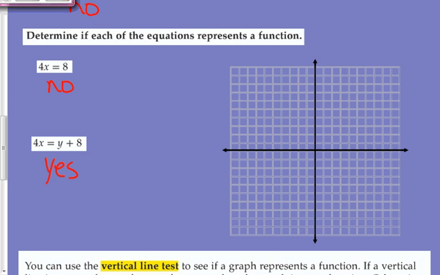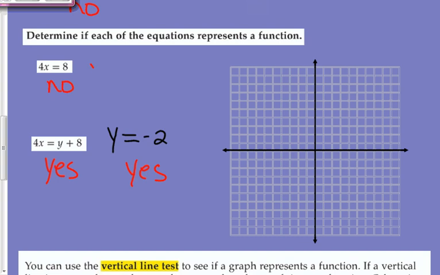Now, there's another situation, though. If you saw this equation, y equals anything like negative 2, this is a function. But you can never have it say x equals and only be 1x. That's never a function.